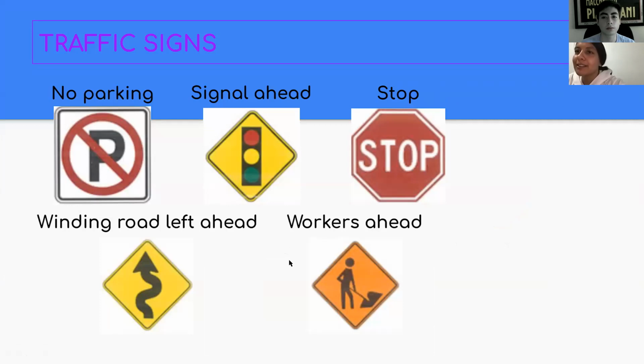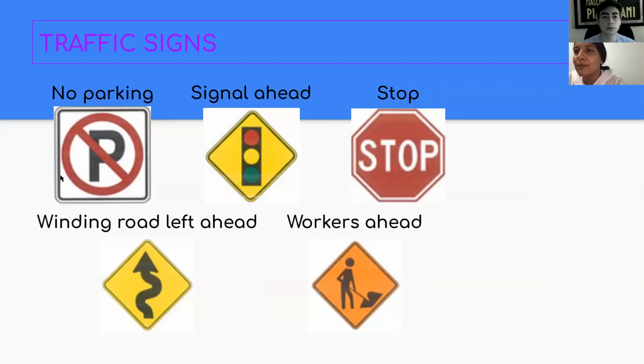Traffic signs. The no parking sign means that people should not park in a place because it's a garage or some other reason. Traffic light ahead means there's a traffic light ahead, so people know to slow down the car.